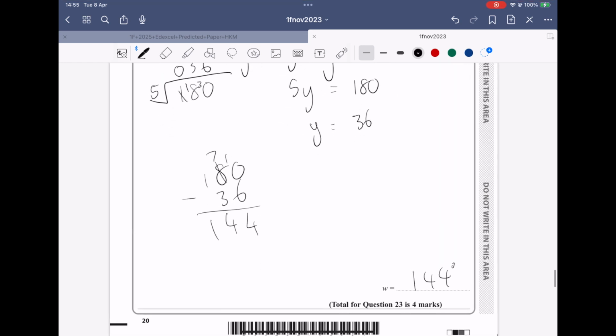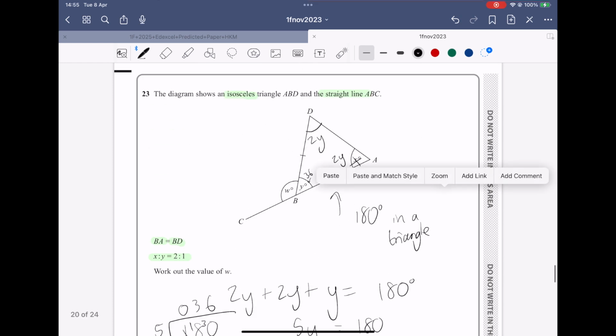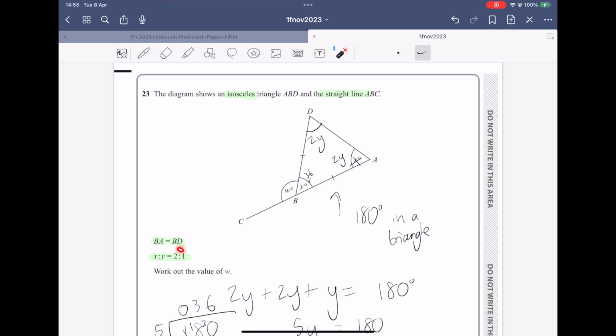That genuinely was a generous question because it hasn't asked you to give reasons. Normally they ask you to show your working or give all your reasons. They haven't asked that. They just said find out w for us. And the hardest bit to get past is this ratio and the fact that we have no numbers anywhere. It's all algebra basically. Alright, moving on.